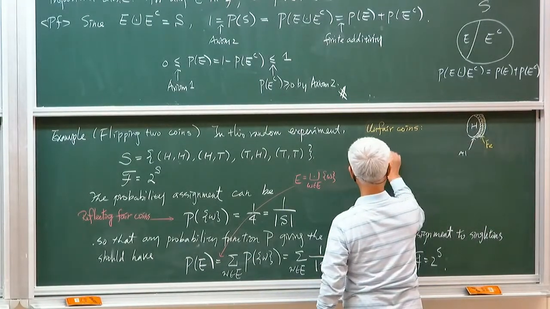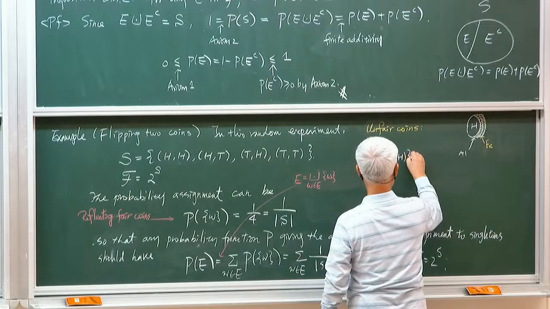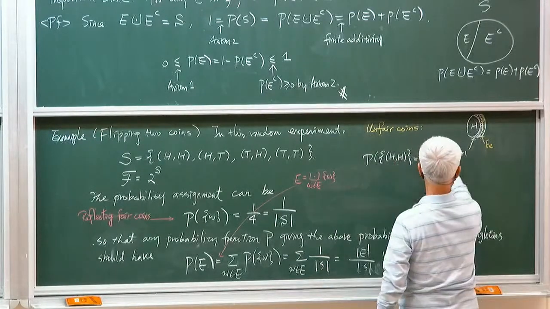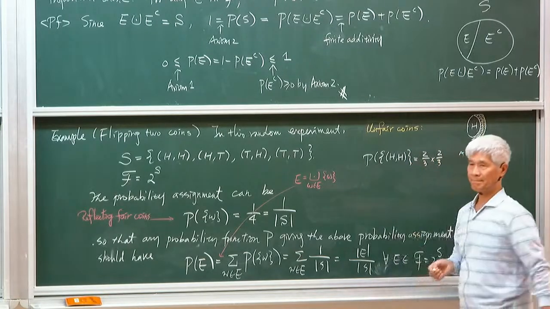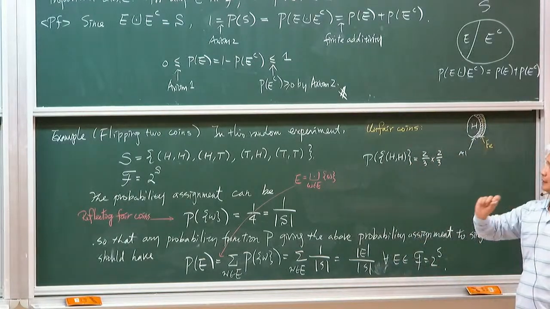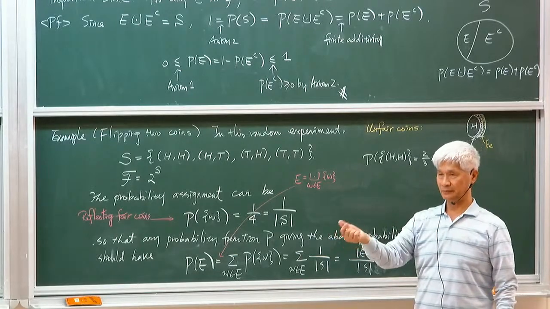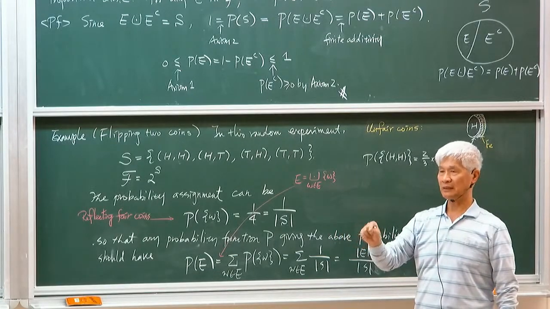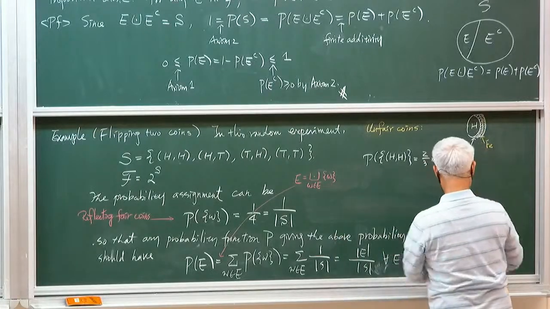So the probability of the head will be, because flipping two coins is just like two independent flips of one individual coin. Okay, so that is the assignment.